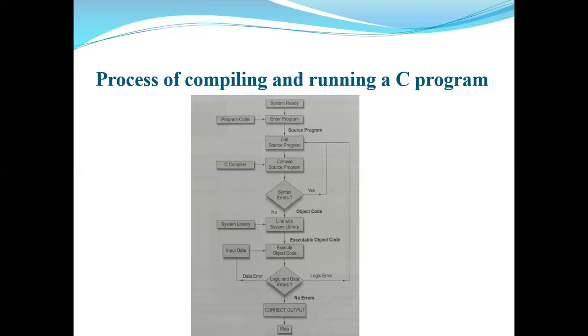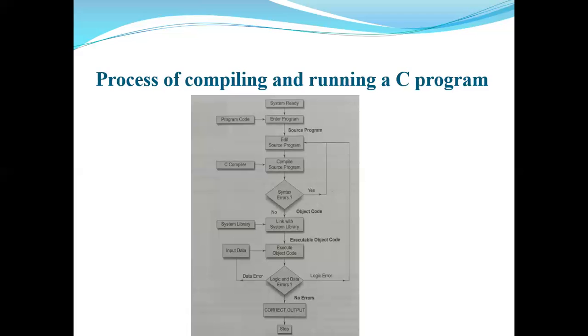We can understand the program very easily. Once the flowchart is written, it can be converted to the C programming language. You'll come to know the logic, how the data is flowing, what the input is, and what the expected output is. You'll get all this information from the flowchart. So you'll have to write either a flowchart or an algorithm.